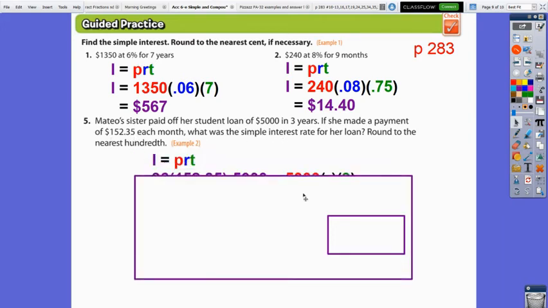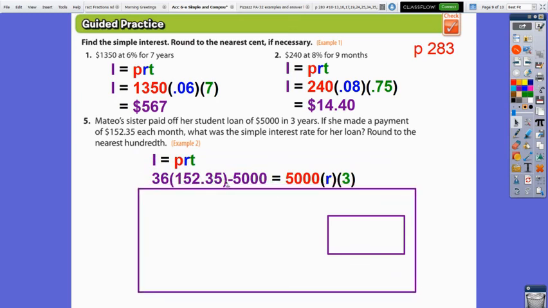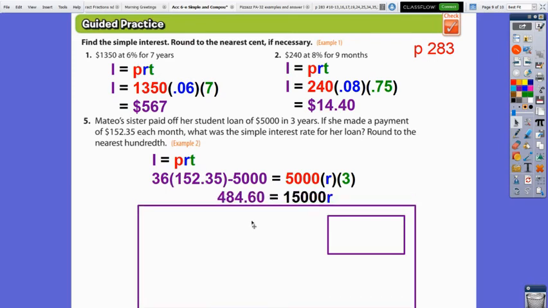That's $152.35 times 36. Okay, so that total amount is $5,484.60. So subtract off the original $5,000 balance, and you get $484.60.